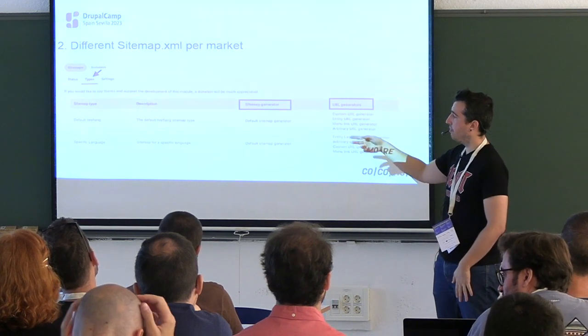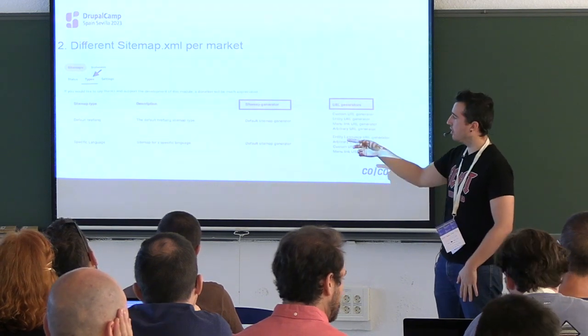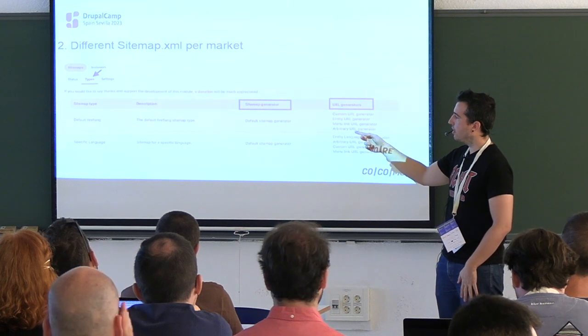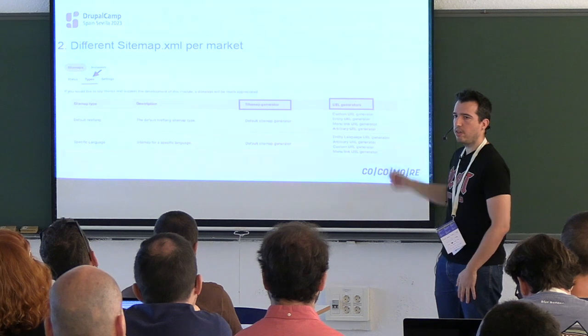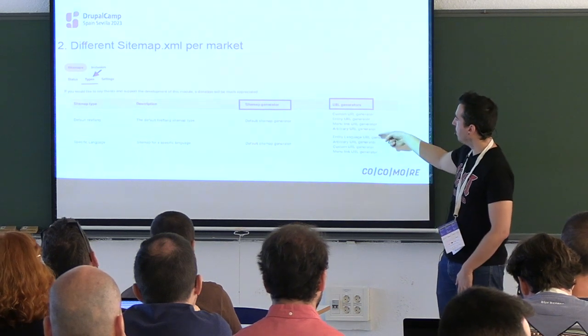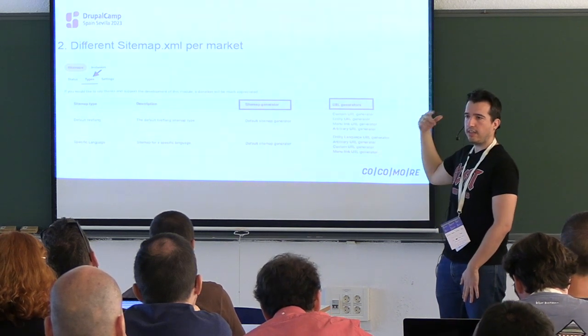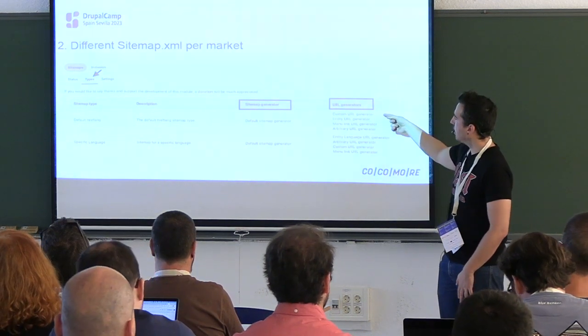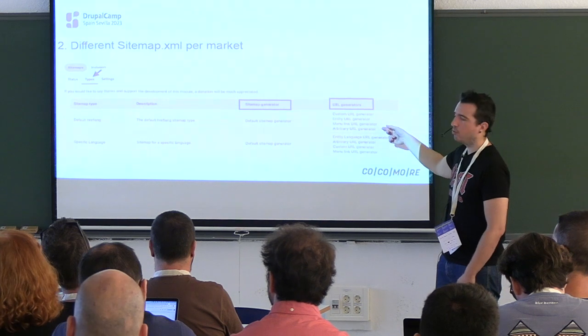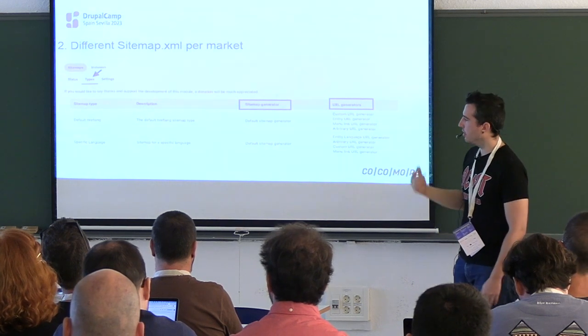By default, the common use case is using the first one, the default, and it has some URL generators. Again, these are plugins, so you can extend them, you can provide your own. So at the end, it's a way to detect URLs and how to display them on the sitemap.